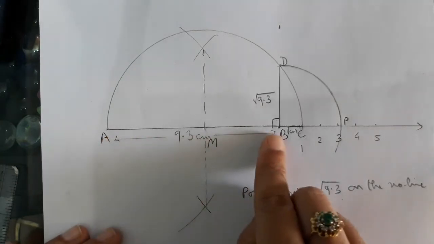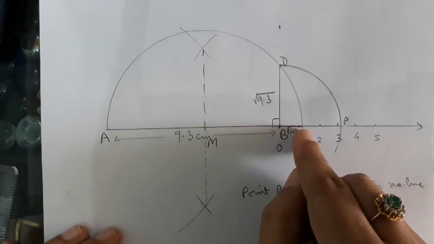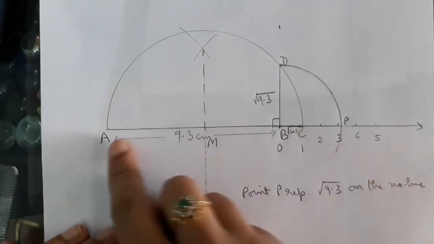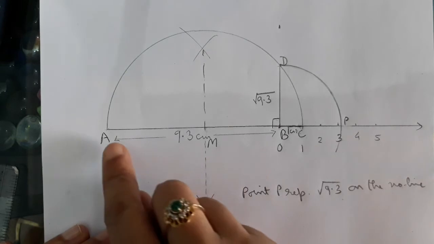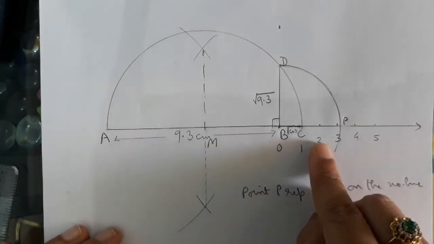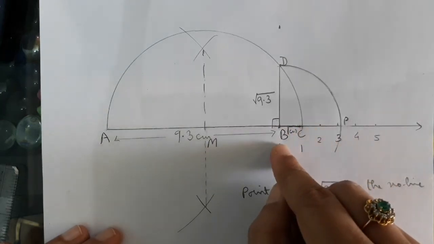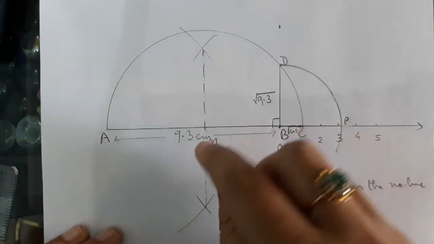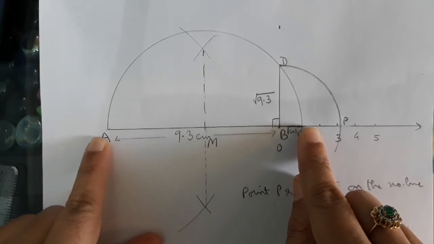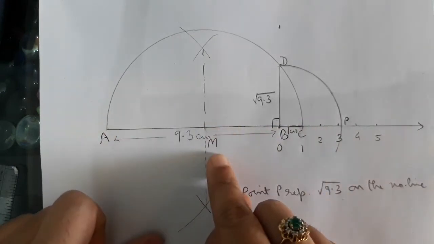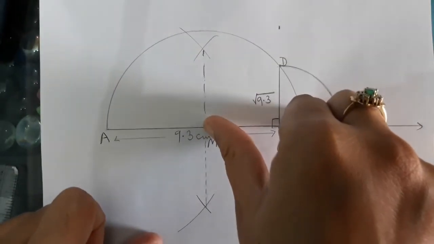First of all, draw a line segment AB of length 9.3 centimeters, and then extend it 1 centimeter more. We obtain point C, so AC is of length 10.3 centimeters. Or you can directly draw a line segment AC of length 10.3 centimeters, and 1 centimeter before the end mark point B. Now we construct the perpendicular bisector of AC and obtain the midpoint M. With M as center and AM as radius, we construct the semicircle.